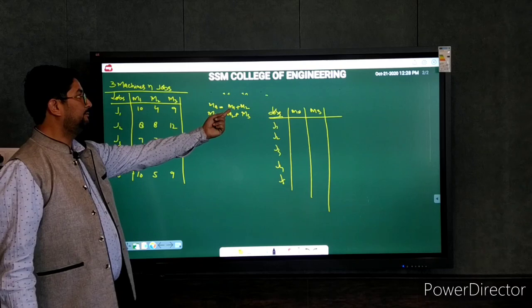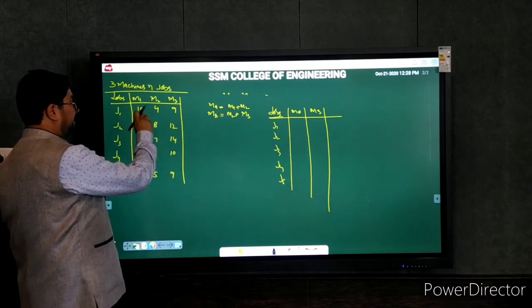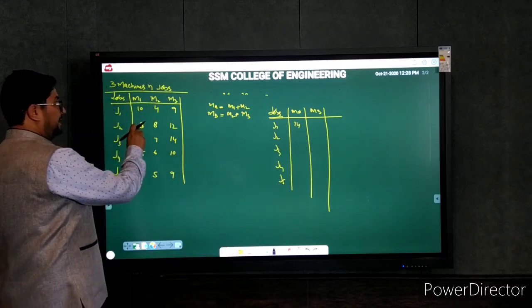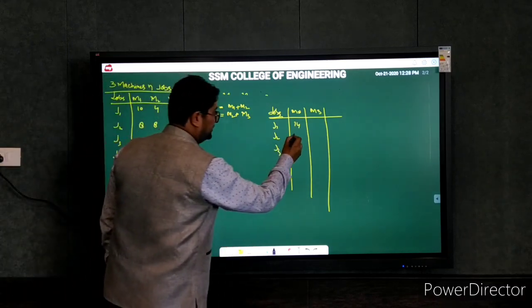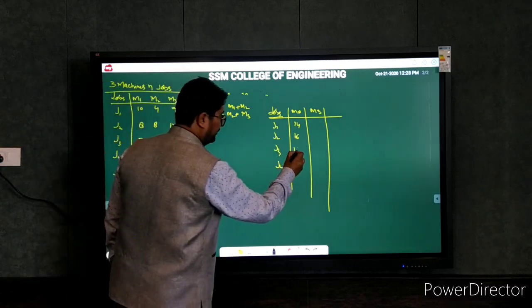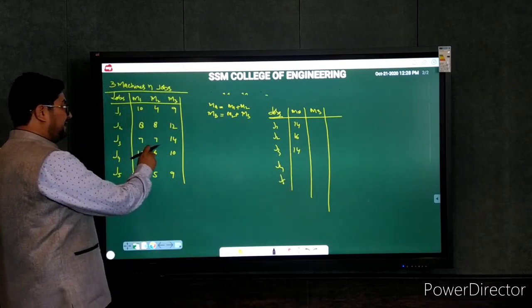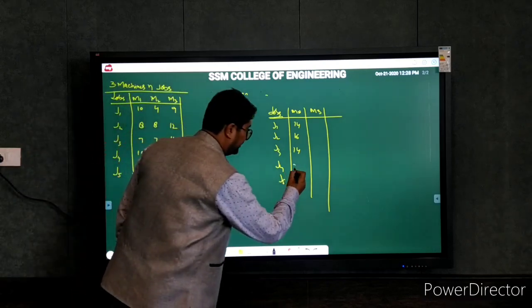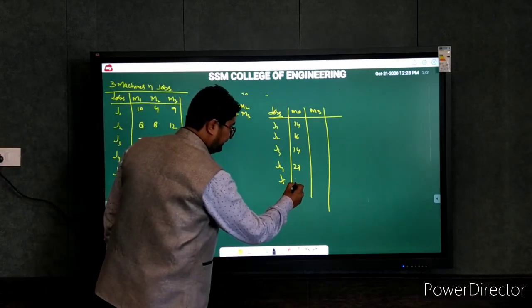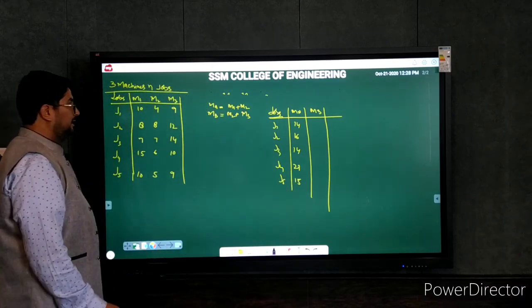Machine A is machine 1 plus machine 2, that is 10 plus 4, that becomes 14. This is 8 plus 8, that becomes 16. That is 7 plus 7, that becomes 14. Then 15 plus 6, I think that's 21. That is 10 plus 5, that is 15. Done.